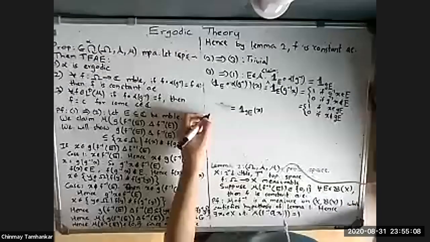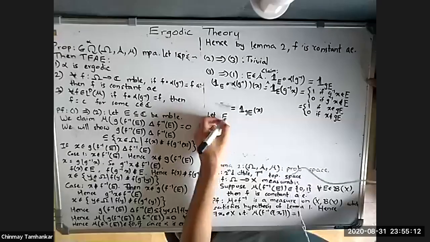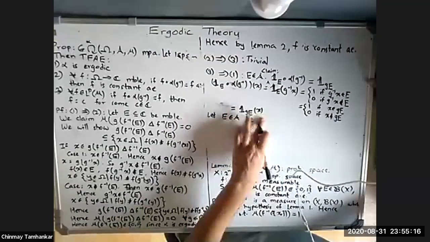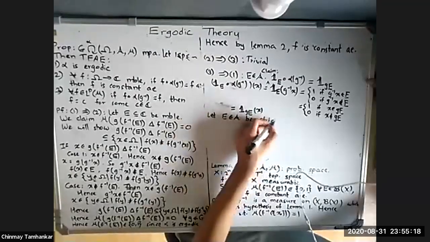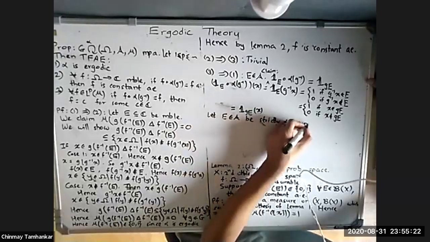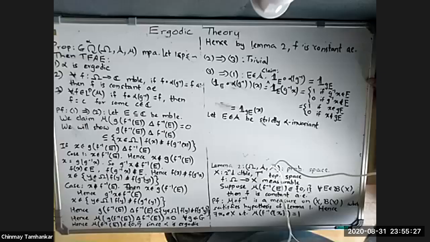Now let E belonging to A be strictly alpha invariant. We have to prove that alpha is ergodic, so we have to prove the measure of E is either 0 or 1.